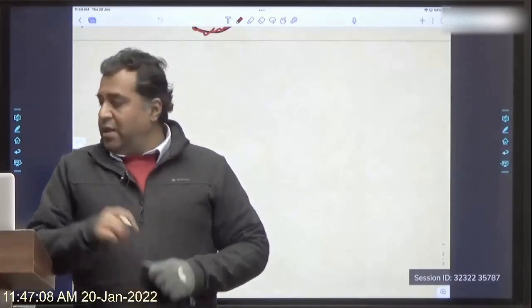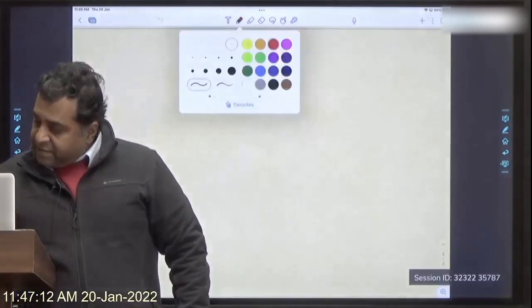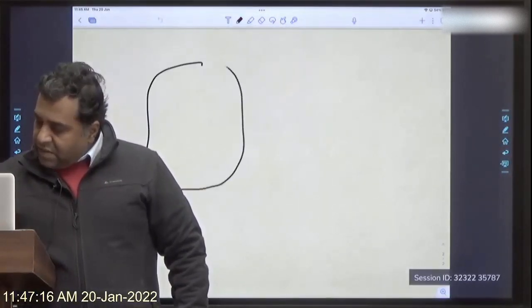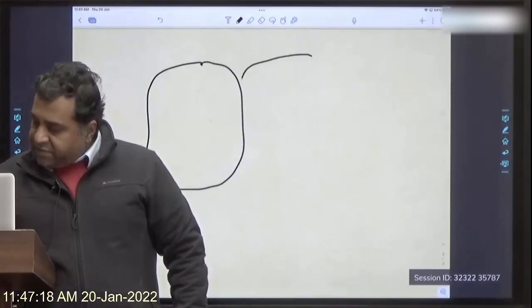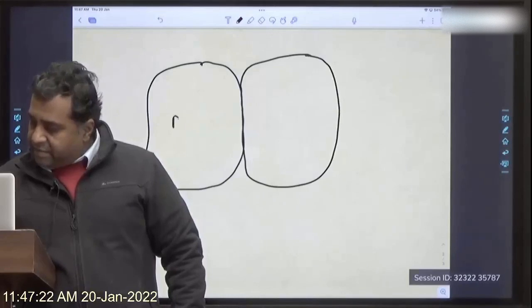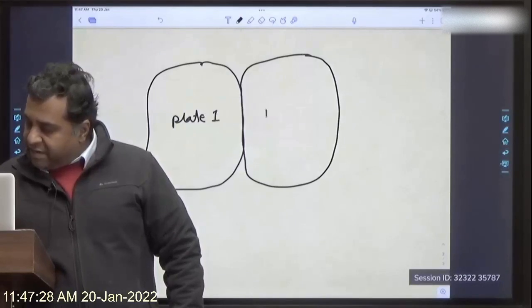Alright, now in the same way, see further. Please see here. This way, if we consider two plates interacting, please do draw this diagram also.